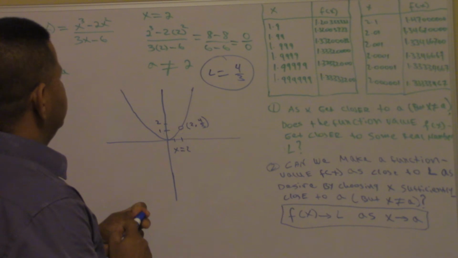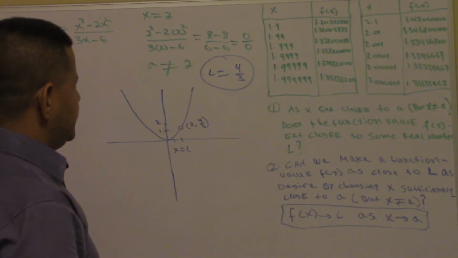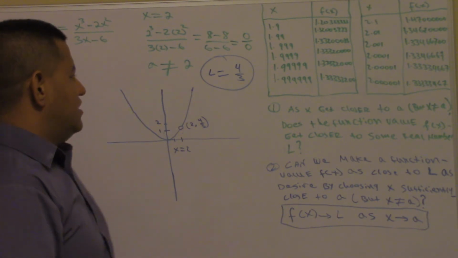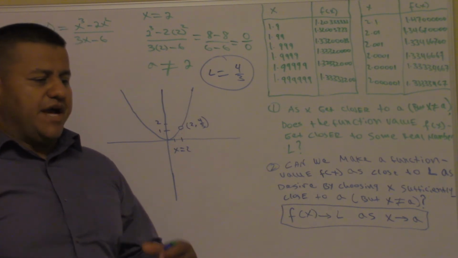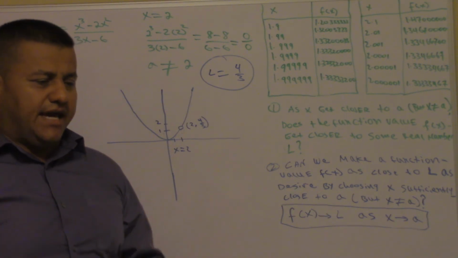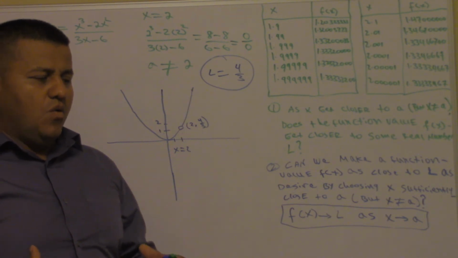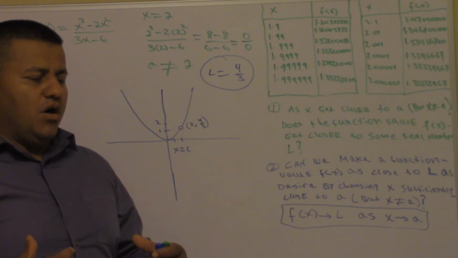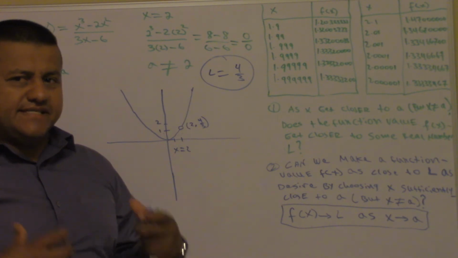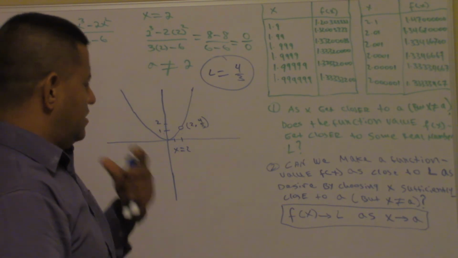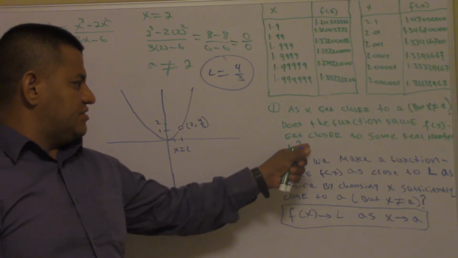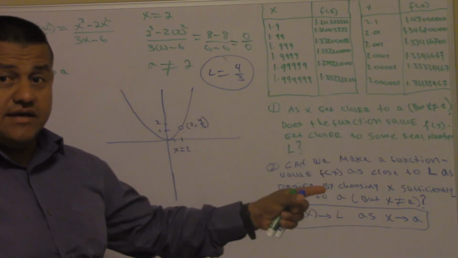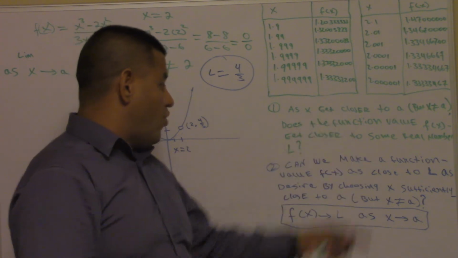So this is one of the examples that we need to try to understand as much as we can, how we are going to make sense out of this limit. The easiest way is by answering these 2 questions.